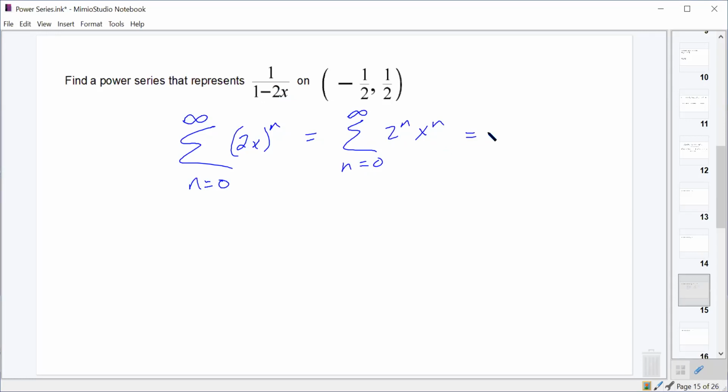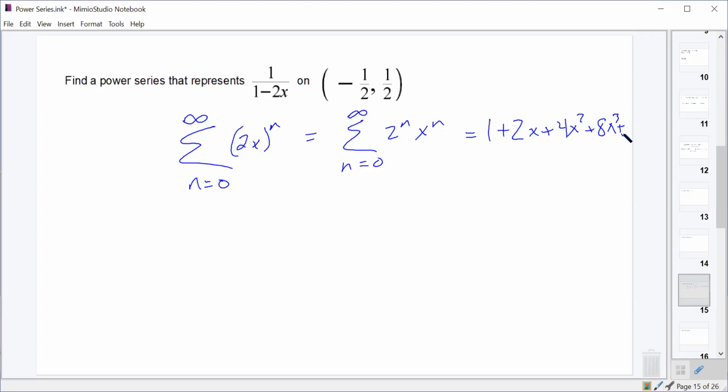If I plug in n equals 0, the first term should be 1, good, and the second term should be 2x, and the next term should be 4x squared, and the next term should be 8x cubed, and so on.